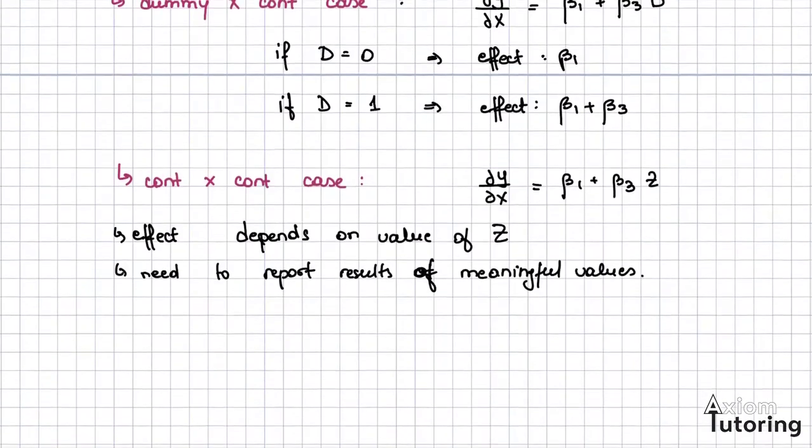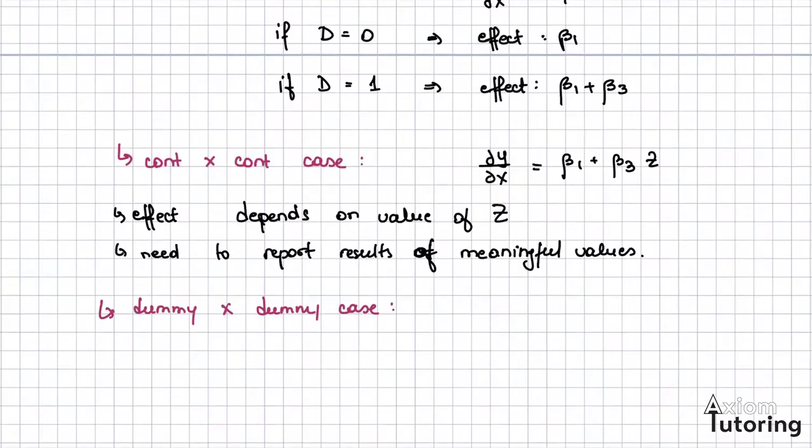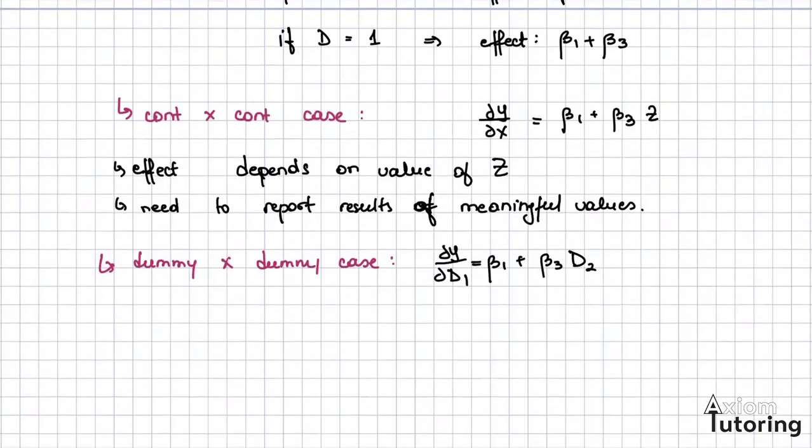In the last case, the dummy times dummy case, we have that now the effect is going to be beta 1 plus beta 3 dummy again, okay? And keep in mind the derivative here would have been delta y with respect to the other dummy, okay? So D1 and D2. Again, you'll have to look into cases.